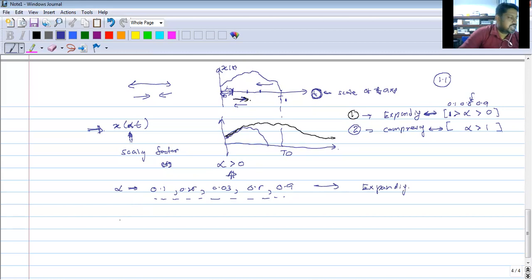And if alpha is greater than 1, that means 1, 2, 3, 1.1, 1.2, any value greater than 1, it is relevant to compressing. Then the signal will be compressed. So those are the two cases: the expanding case and the compressing case.